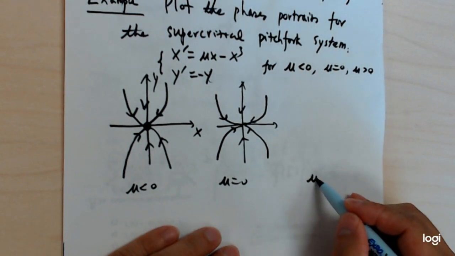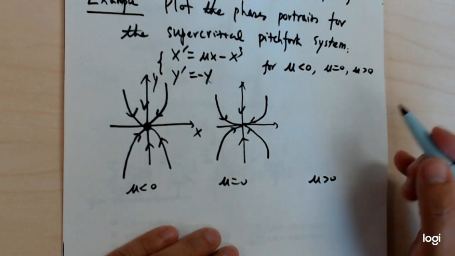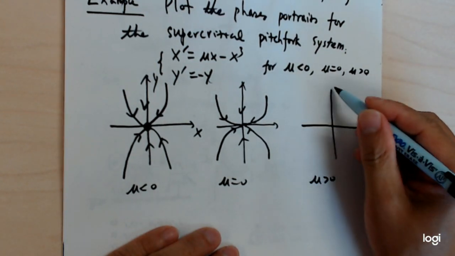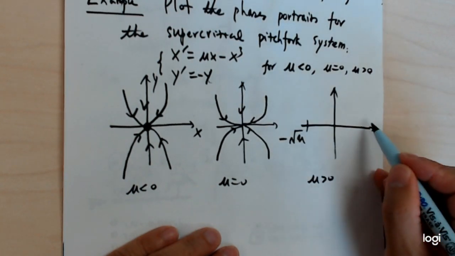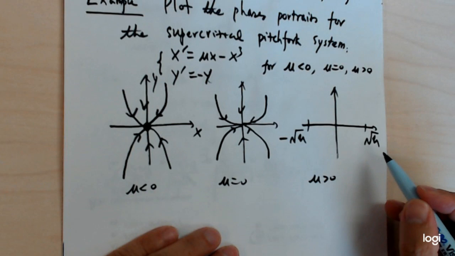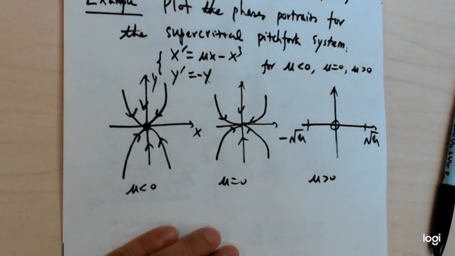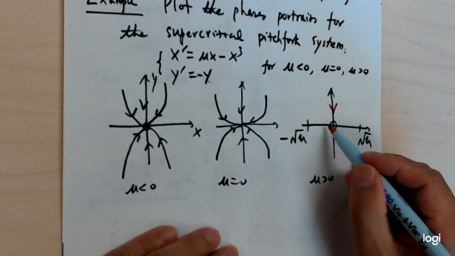Finally, when mu is some positive number, you can easily tell there will be two additional equilibriums: negative square root of mu, positive square root of mu. Here's how the phase portrait looks. The origin becomes unstable.